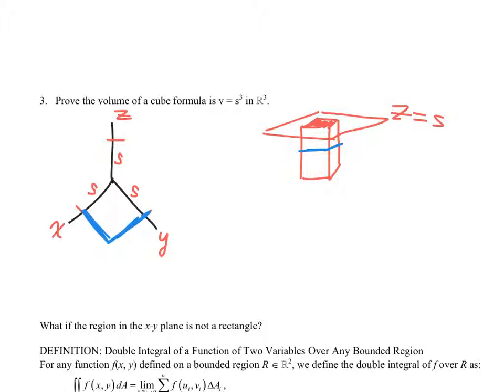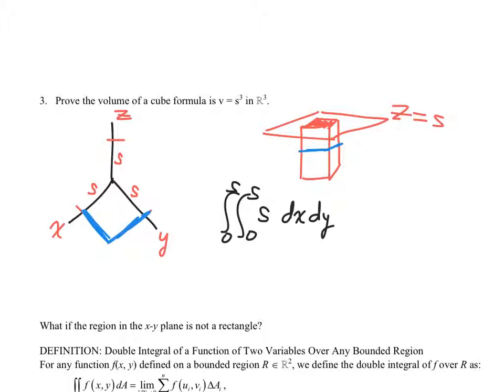All right. So when I find my double integral, I have my z equals s equation, constant. Wouldn't matter if I go with dx or dy. I want to go in the x direction from 0 to s, and I want to go in the y direction from 0 to s.